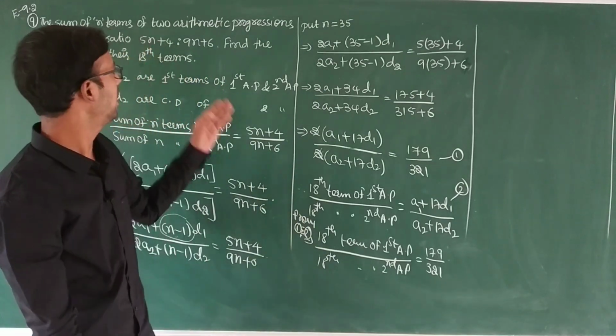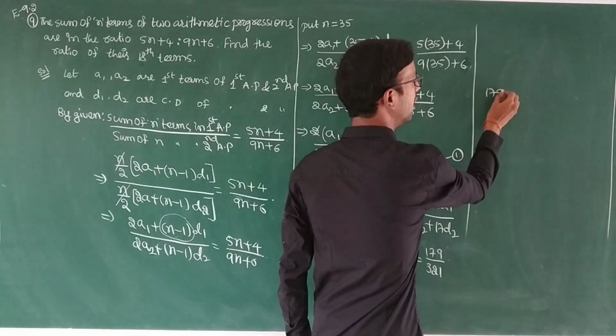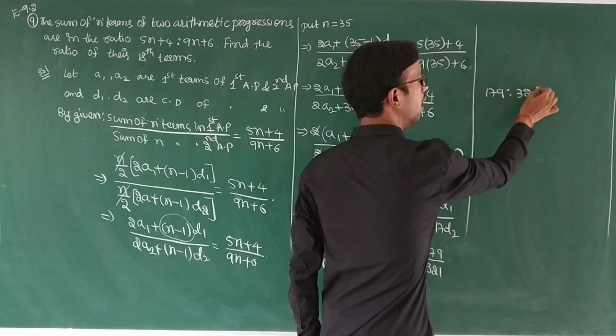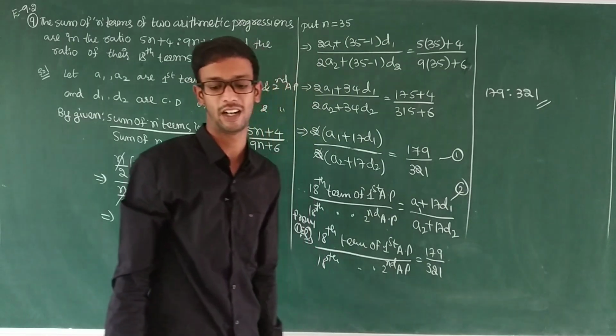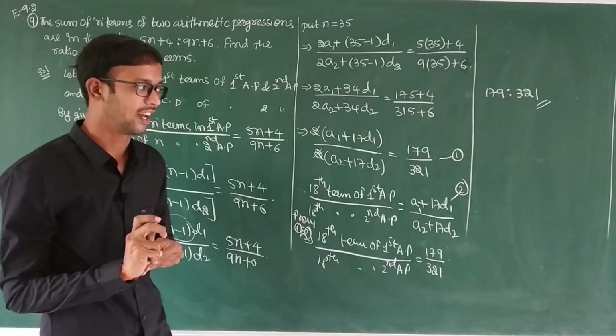So what is the required ratio? The required ratio is 179 is to 321.